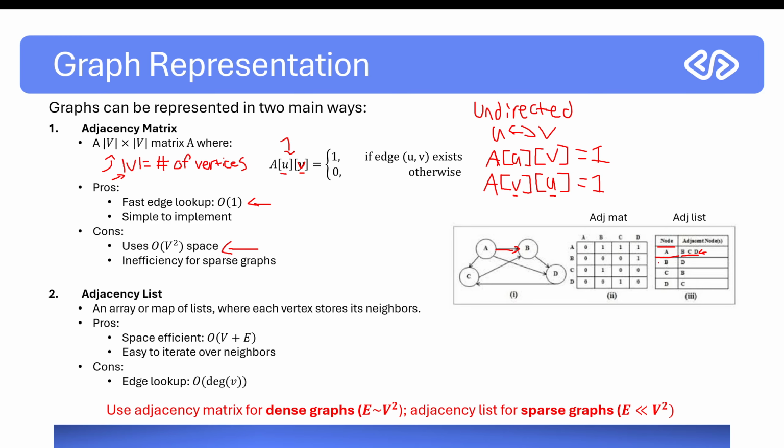I'll come back to this, but I believe for an undirected graph this would be 2E, because at most you're going to have a copy for each edge. Yeah, 2E. I'll come back to that one.